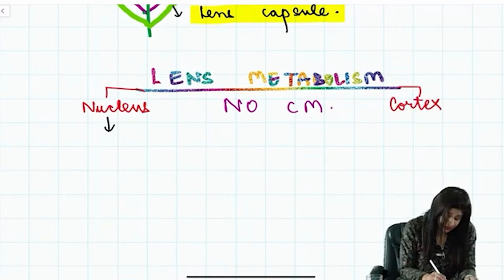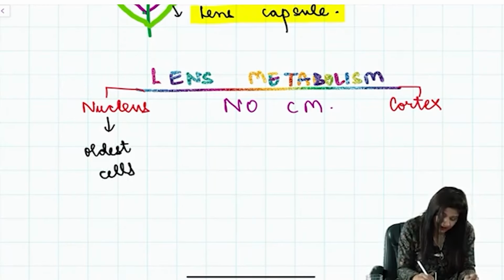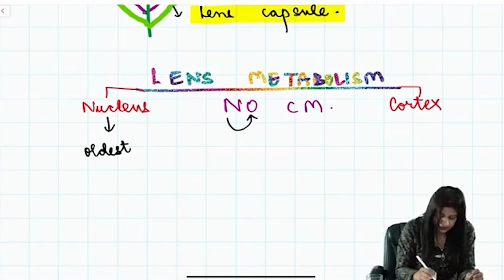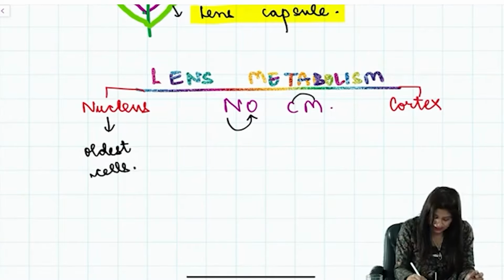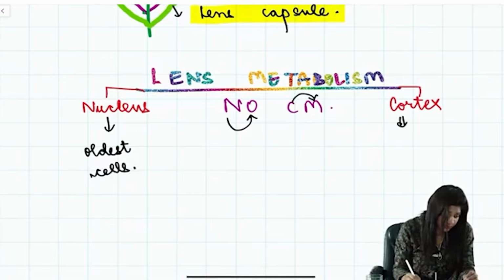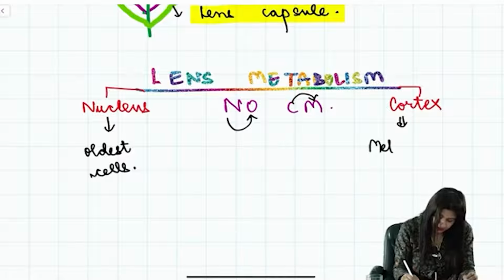Nucleus is inert which contains the oldest cells. N, O, no. So we have the oldest cells in the lens, while C and M matlab cortex is metabolically active.